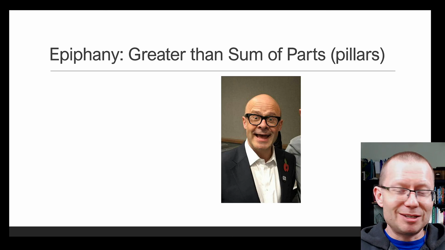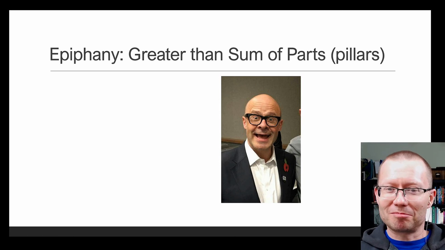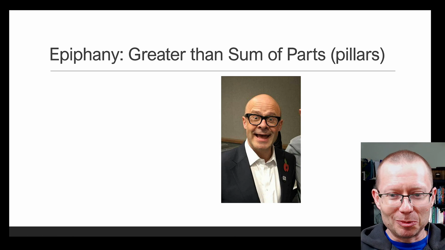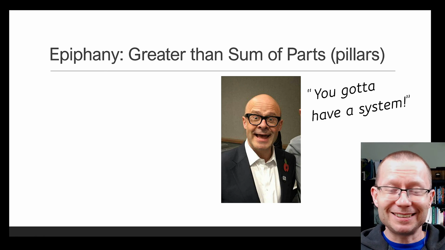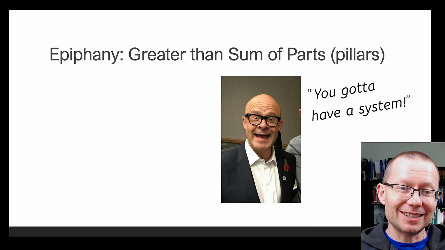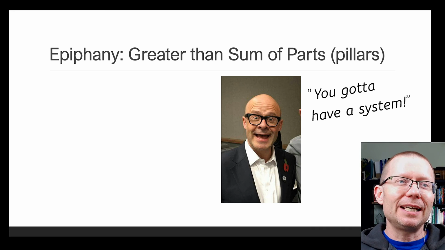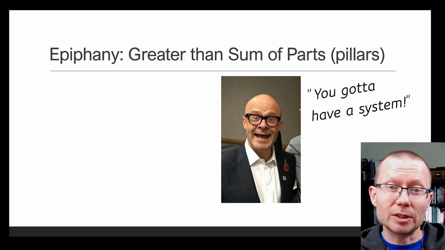And this may be a completely obscure reference, particularly if you're not from the UK, but as British comedian Harry Hill, one of his catchphrases, you've got to have a system. And in nymphing, it's no exception. Absolutely. The combination of these things into a system is then what gives you the multiplier effect on top of the individual benefits that you're already getting from applying each one of those pillars from the lessons.